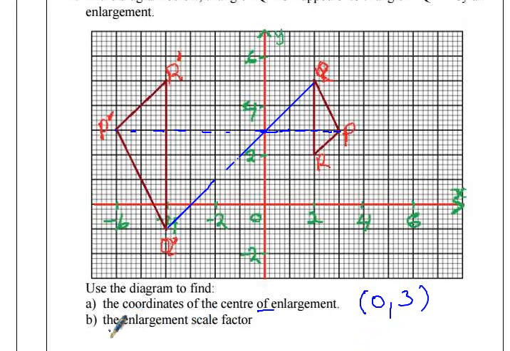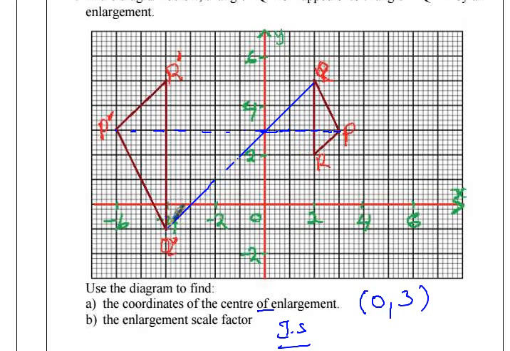Okay, then what about the enlargement scale factor? By enlargement scale factor, we simply mean the linear scale factor, a number so that when you multiply it by the size of this object, it gives us this image. So it's like image size divided by object size. This can be done in a number of ways.